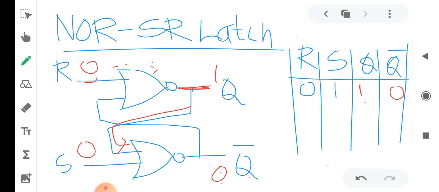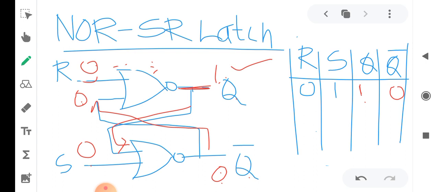Then what happens here? This 0 will be fed to here, and 0 into 0 is 0. 0 complement will be 1, and 1 is fed to here. 1 into 0, so this will be 1.